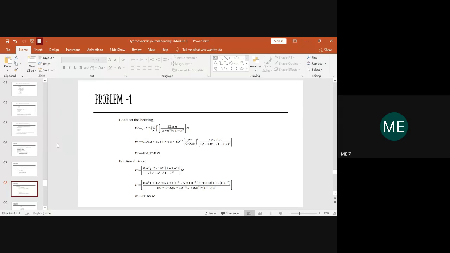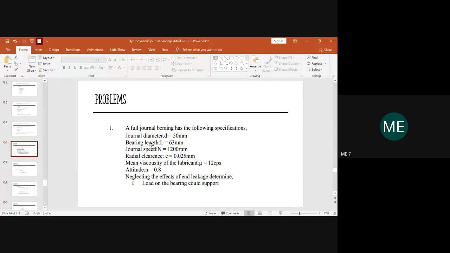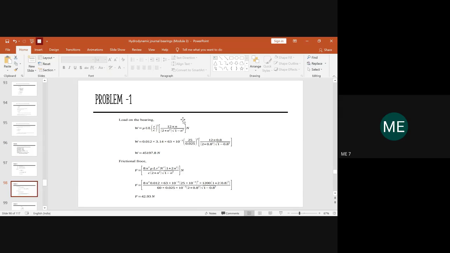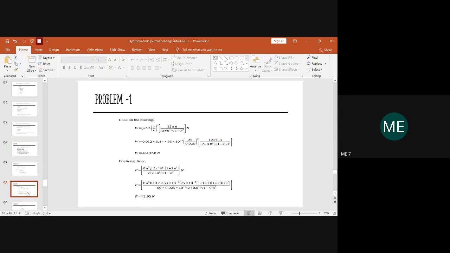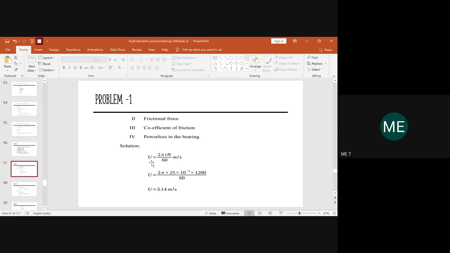You know the diameter of the journal, so by this you will come to know the radius of it, right? And the radial clearance value is also given. And n is nothing but the eccentricity ratio, or it is also called altitude. The altitude value is also given as 0.8. So all these values are there. The only unknown value is the speed with which the journal is revolving, so you need to calculate the value of U.